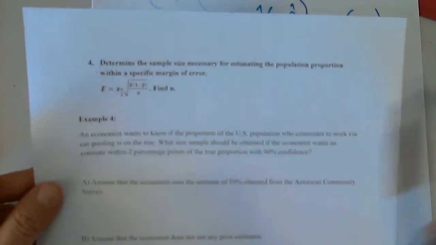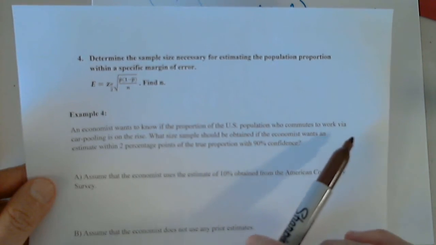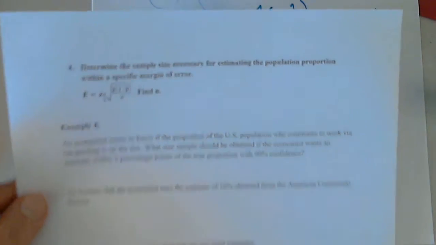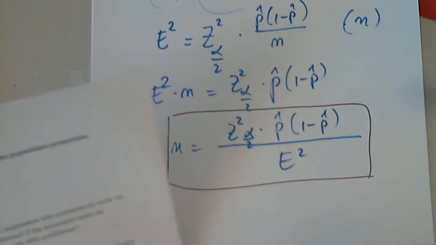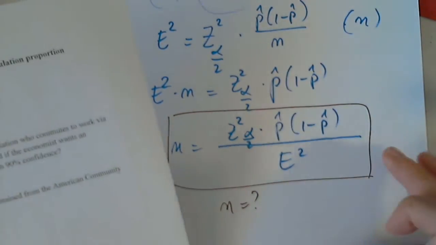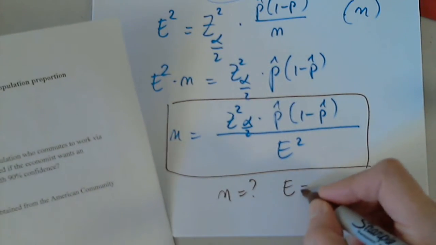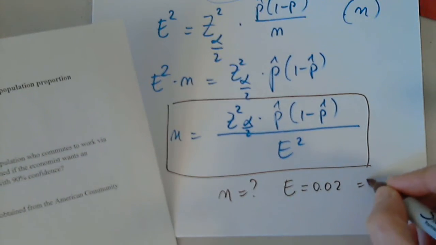An economist wants to know if the proportion of the US population who commutes to work via carpooling is on the rise. Fine. What sample size should be obtained if the economist wants an estimate within 0.02 or 2%?